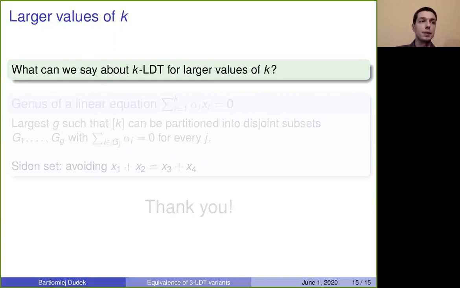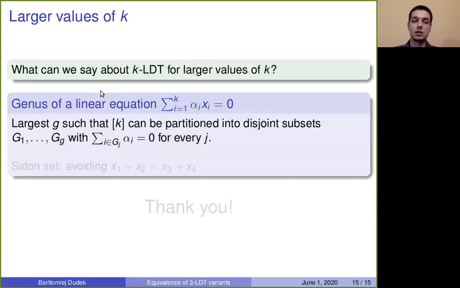The big problem, which didn't appear for k equals 3, is the genus of a linear equation. The genus is the largest number of groups such that we can partition the coefficients into disjoint subsets, such that elements from every subset sum up to 0. For k equals 3, the genus is always 1, but for larger k, this genus increases, and this makes it more difficult to find sets avoiding this particular equation.